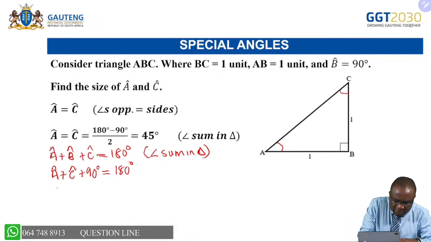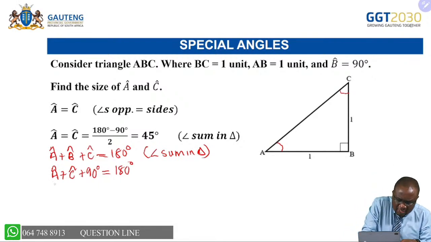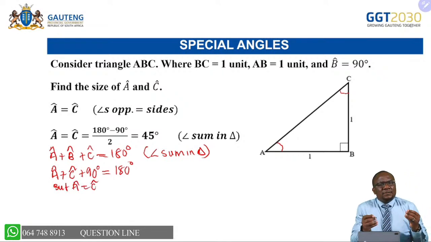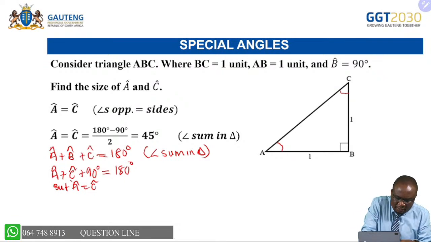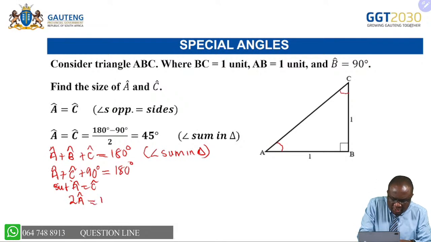Angle A is equal to angle C, so we can say 2A, because A plus A is 2A. You see where the 2A is coming from? Because C is equal to A, so 2A is equal to 180 minus 90.